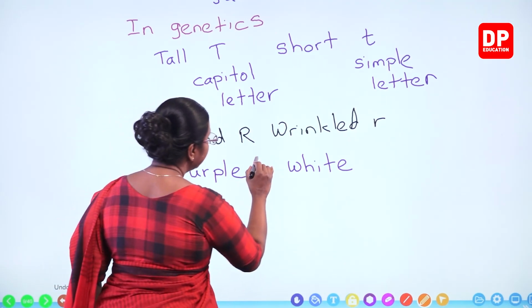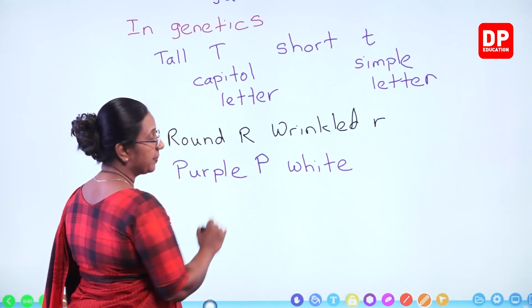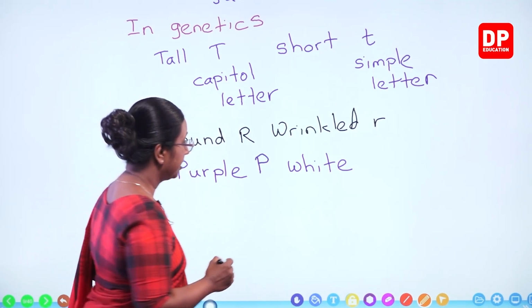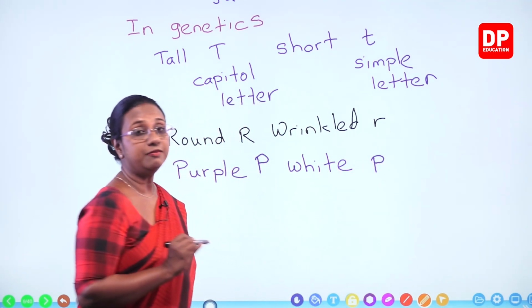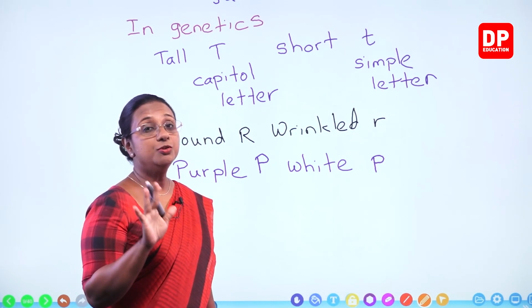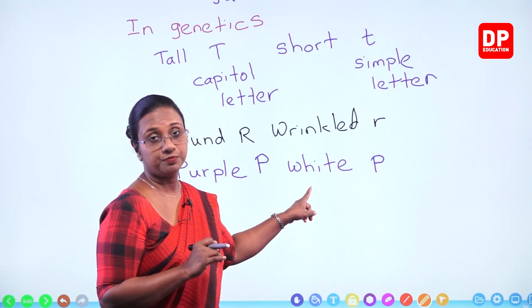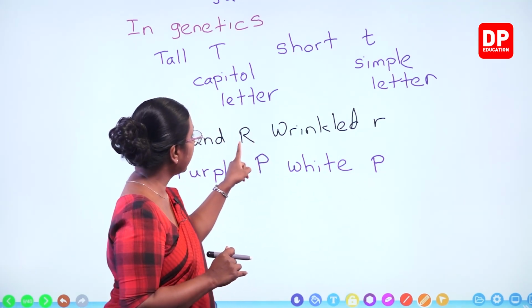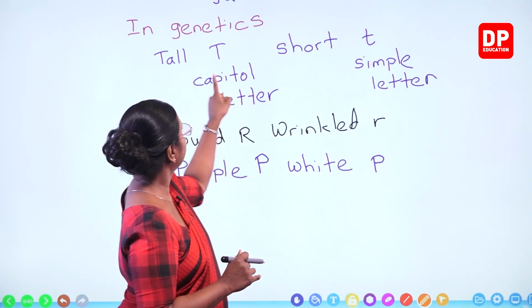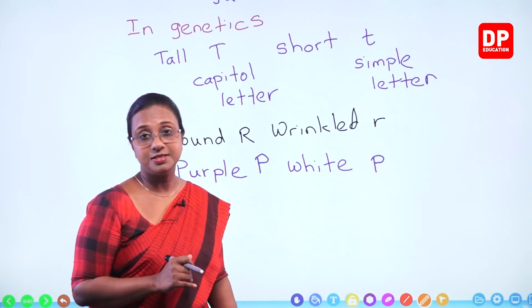So, we write the capital P for dominant character purple flowers, whereas we use the simple p for white color flowers. Remember, you don't put W. You use capital P, simple p. Capital R, simple r. Capital T, simple t.